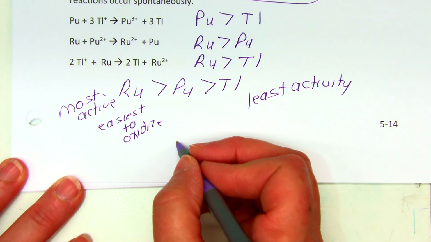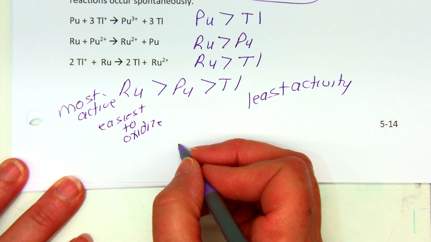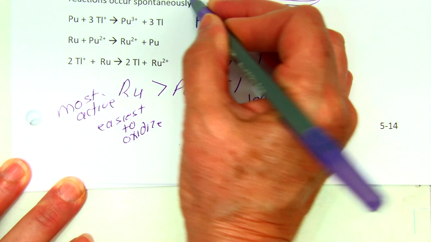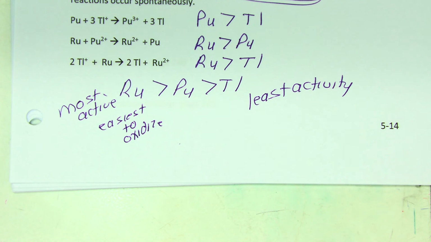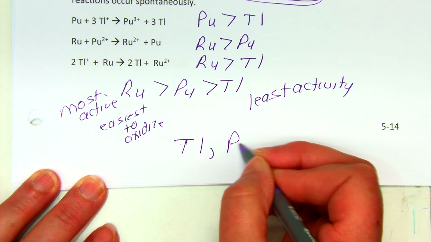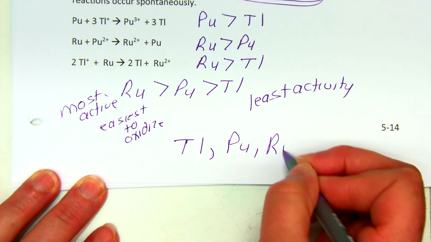Start with what, going left to right? Do I start with the easiest or the hardest? The hardest. So which is the hardest? TL. Then PU. Then RU.